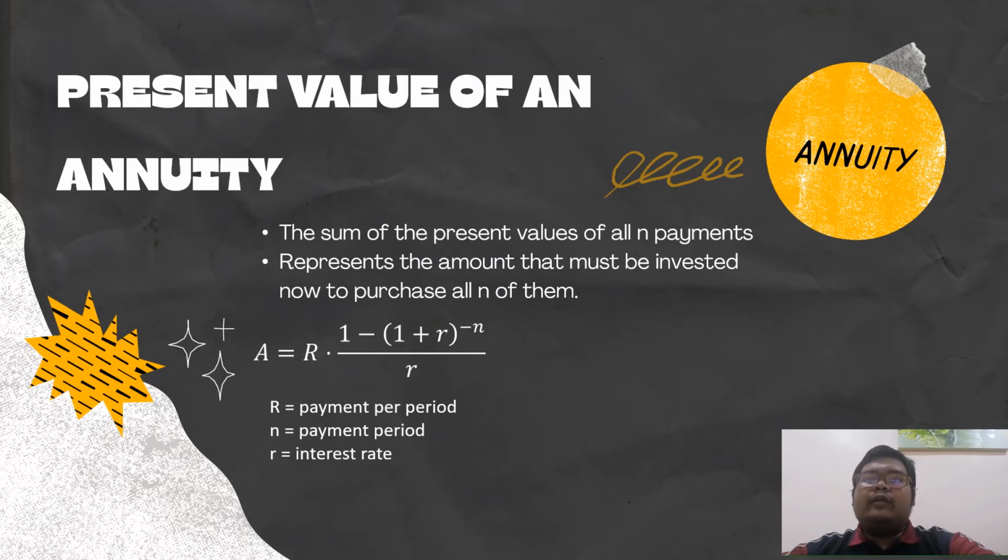The big R is the payment per period. The n is the payment period, which is the time in months, years, or weeks. Small r is the interest rate.